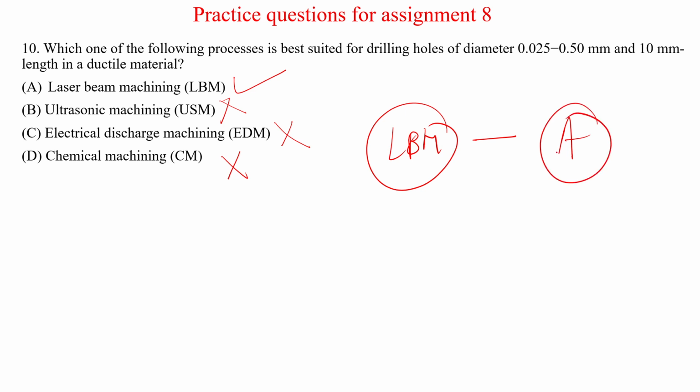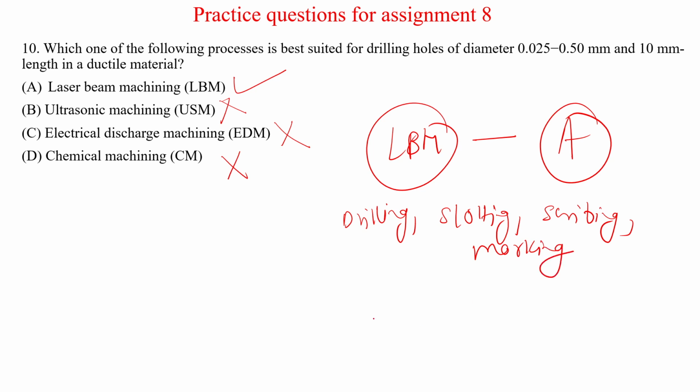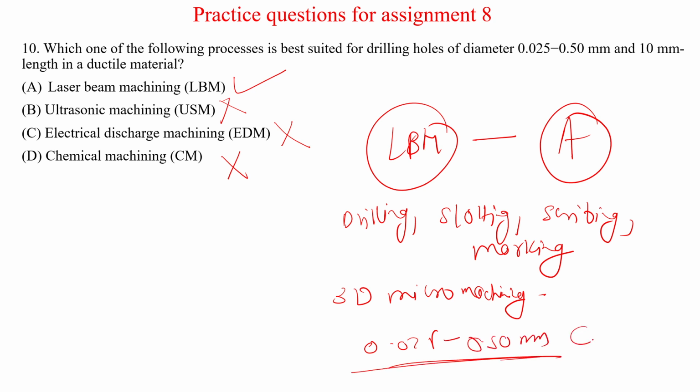Basically, LBM is used for drilling, slotting, scribing, and marking operations, also in 3D micro machining, and it is used for drilling holes from 0.25 to 0.50 mm in diameter. So the answer is A.